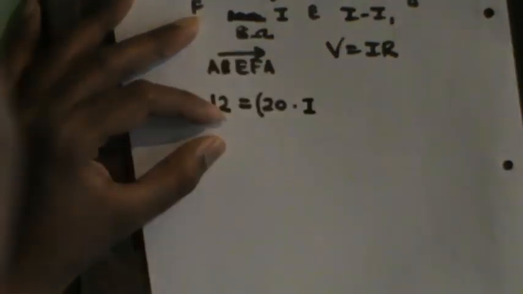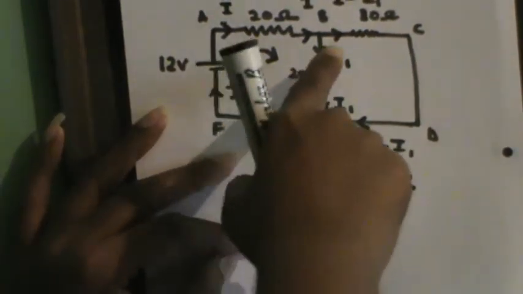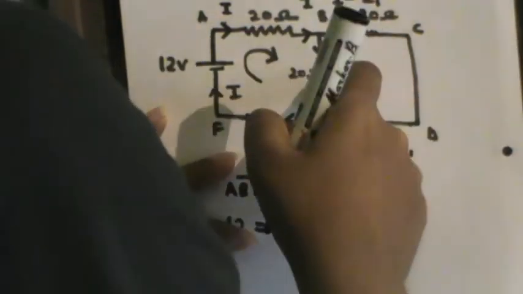So for the first resistor, the resistance is 20 and the current is I, so the potential difference is 20 times I. And for the second resistor, the resistance is 20 ohms and the current through that is I1, so you should add that, so the potential will be 20 times I1.